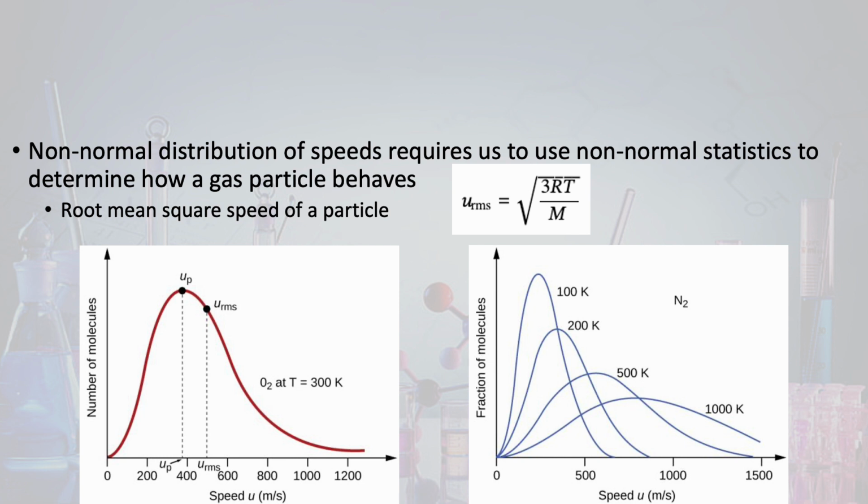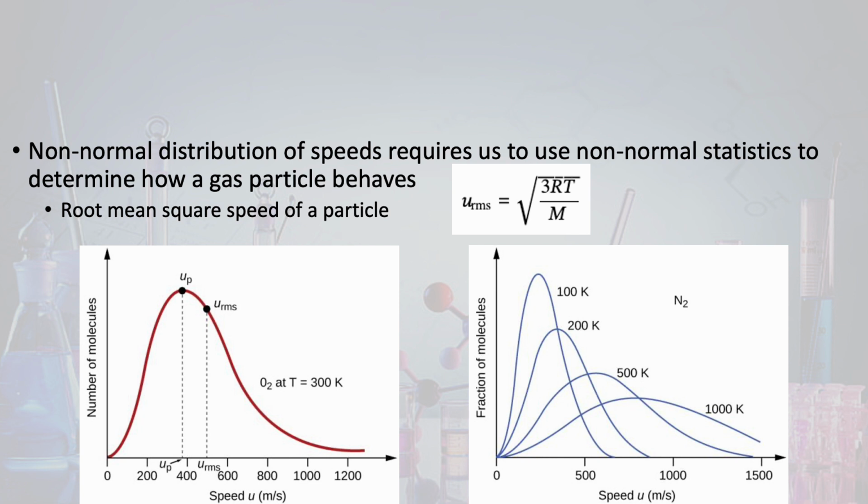And so over here in this chart to the right, we also see fractions of molecules of diatomic nitrogen gas and their speed as we heat them up. Right? So initially at 100 Kelvin, we see the majority of the molecules have a speed somewhere right around here of 250 meters per second. But again, we see that non-normal distribution where there aren't quite as many with a high speed as there are with a low speed, right?